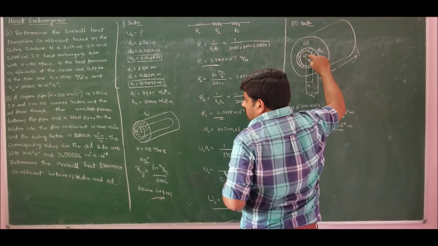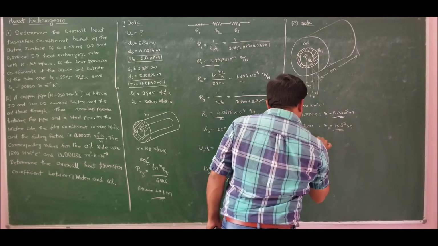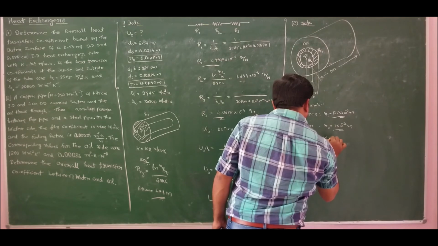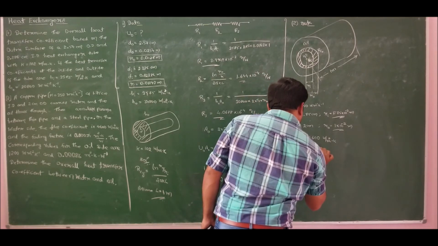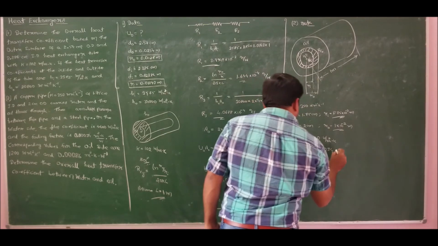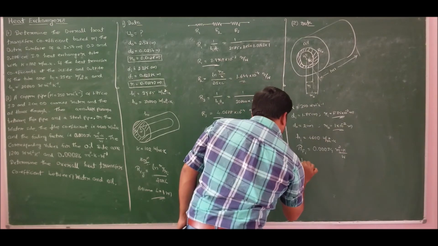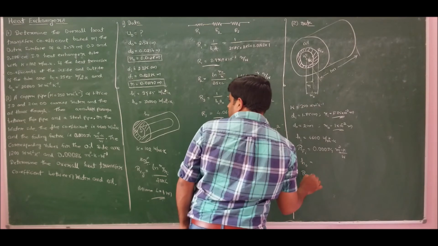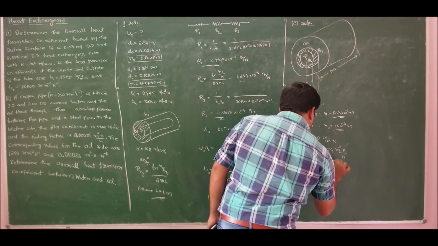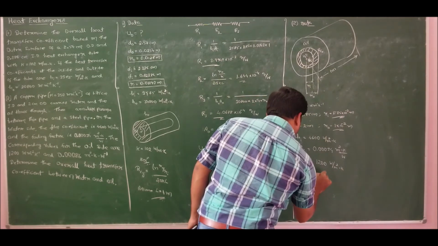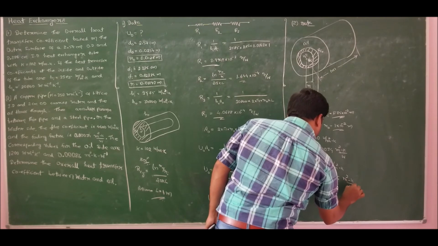On the water side, that is inside, the film coefficient Hi is 4600 watt per meter square per Kelvin, and resistance due to fouling RFI is 0.00034 meter square Kelvin per watt, and the corresponding values of H0 and RFO are also specified, which are 1200 watt per meter square per Kelvin and 0.00086 meter square Kelvin per watt.